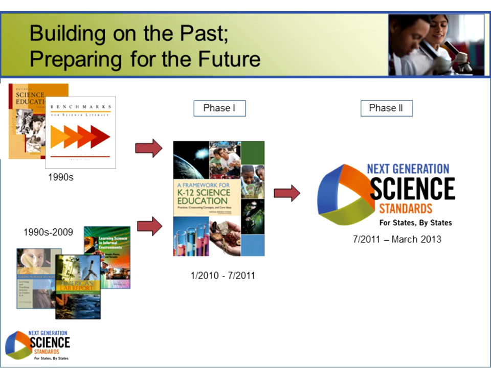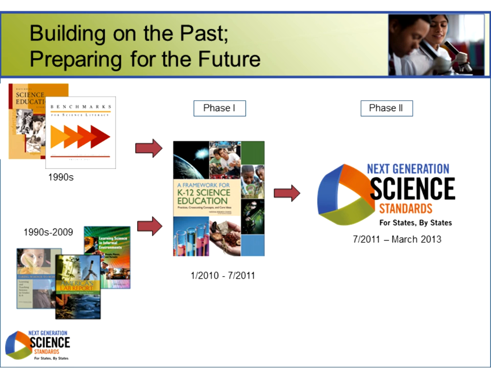I'm not going to spend a lot of time on it except just to remind everybody that the process started with the Carnegie Corporation of New York funding the two-step process that started with the NRC taking the lead in developing the framework for K-12 science education, with NSTA and the American Association for the Advancement of Science as partners, and then moved into the development of the Next Generation Science Standards, where 26 states came together to guide and to lead and to direct this process.